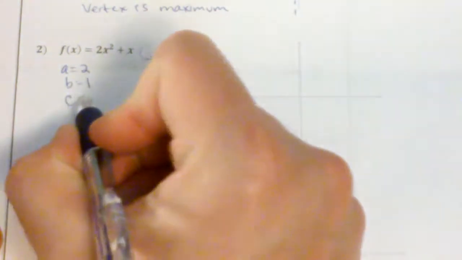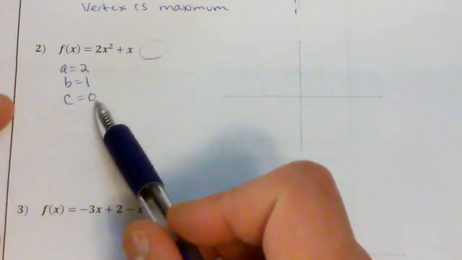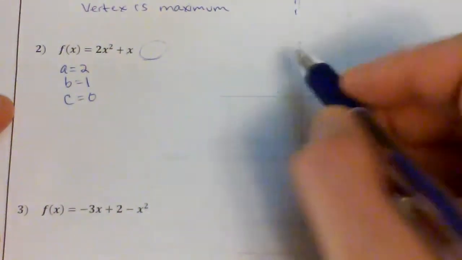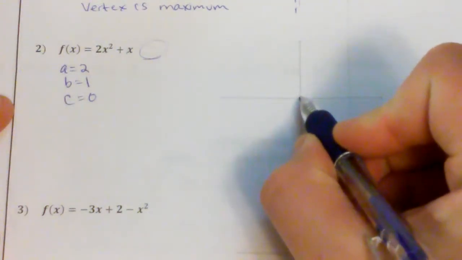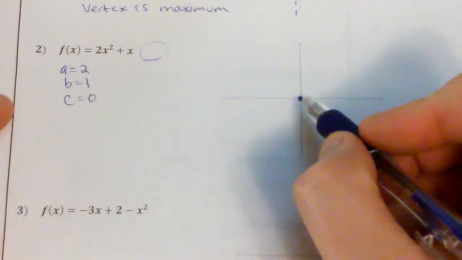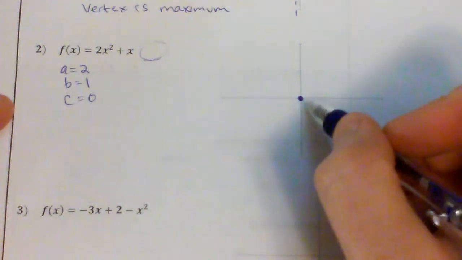So that means C equals 0. So that also means, right, that's supposed to be my y-intercept. So that means this graph will travel through the origin. So that's also an x-intercept. And I'm not sure at this point if there's one x-intercept or two, but there's at least one, and it's right here. It's also a y-intercept. All right, so we have that.